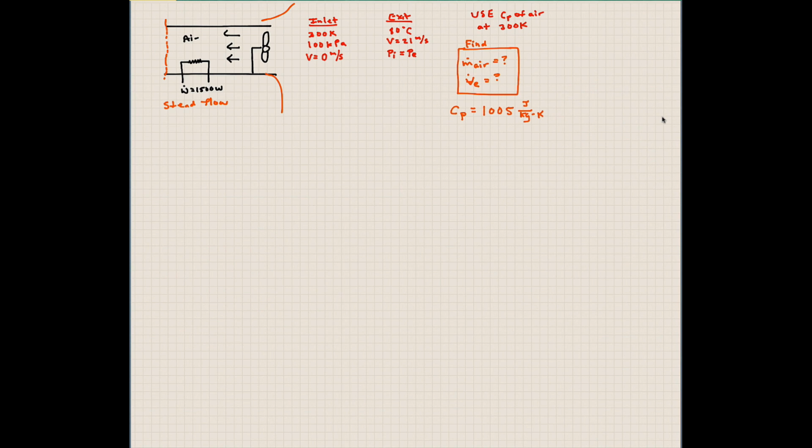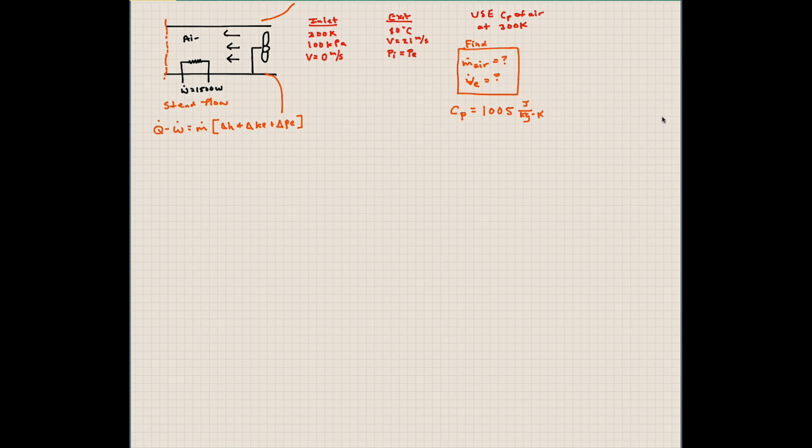Well, the only other tool we have is the First Law of Thermodynamics. So let's write that. Q minus W. Mass flow rate's the same for the inlet and the exit. So we'll say this is delta H plus delta kinetic energy plus delta potential energy. Now, what terms can we neglect here?